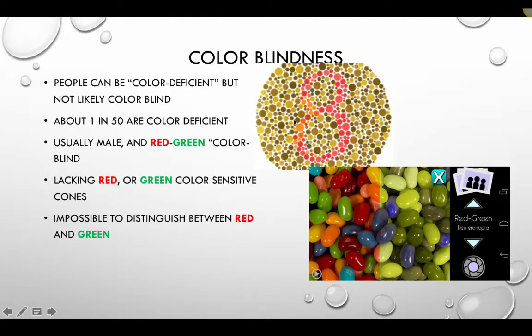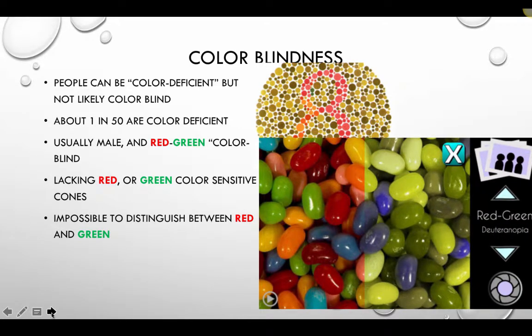You would just see green and yellow-green dots. But if you have normal color vision, you're going to see a particular numeral because a numeral is presented in red dots and orange dots instead of green dots. But if you're red-green colorblind, these dots would all look the same to you.